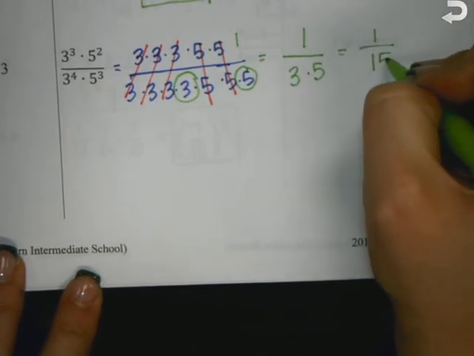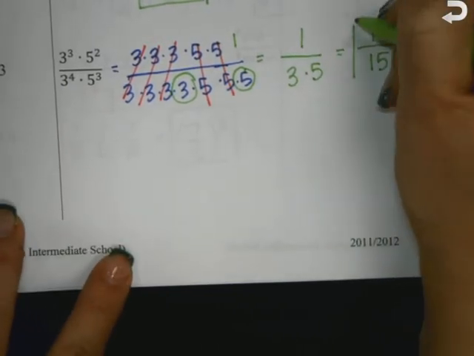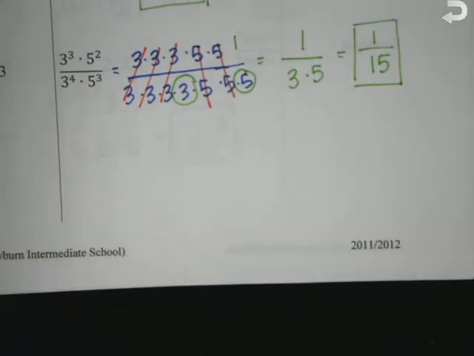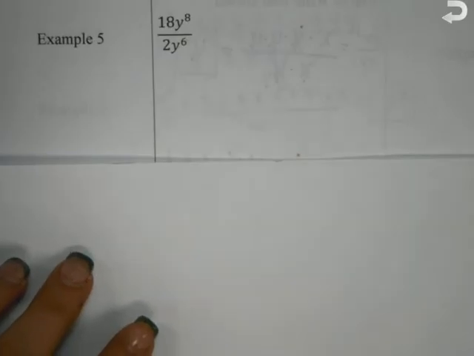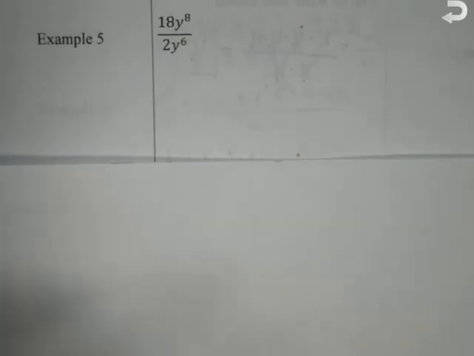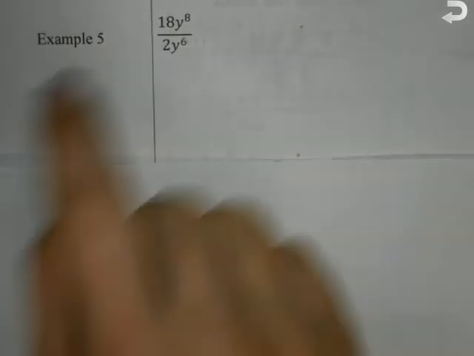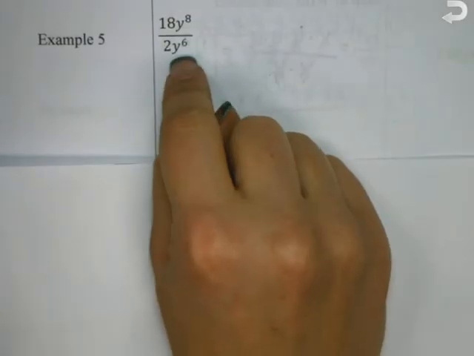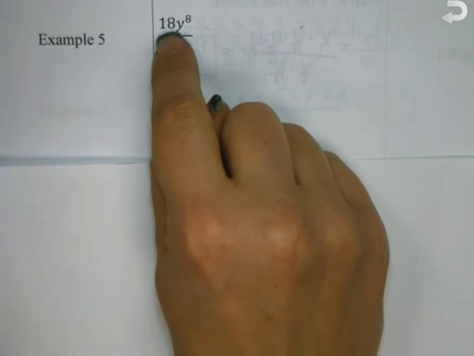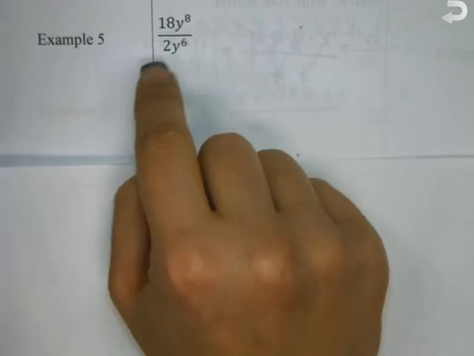Okay, so we're going to skip example 4 because it's almost exactly the same as the last one. Example 5, we have not done one with coefficients yet, so let's look at this one. 18 times y to the 8th all over 2 times y to the 6th power. My steps are still the same. I need to expand the whole thing out.